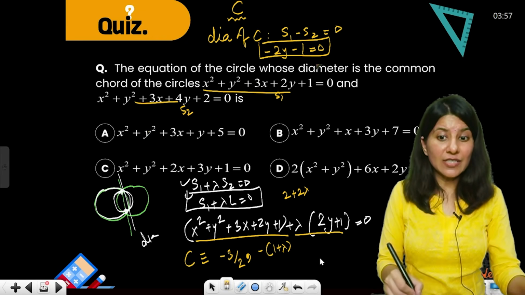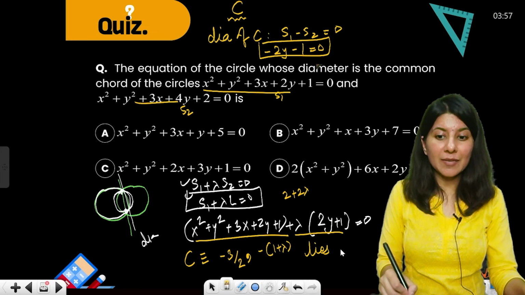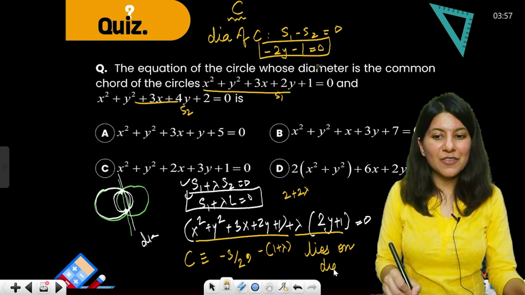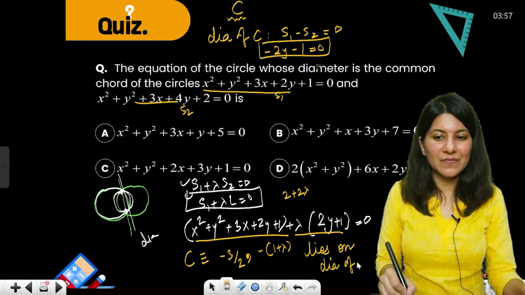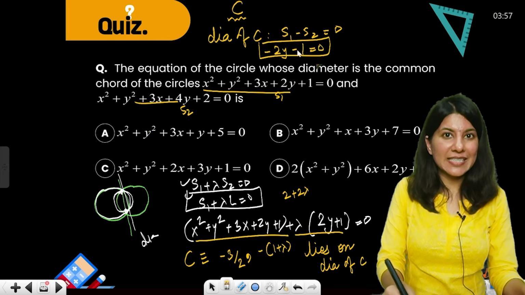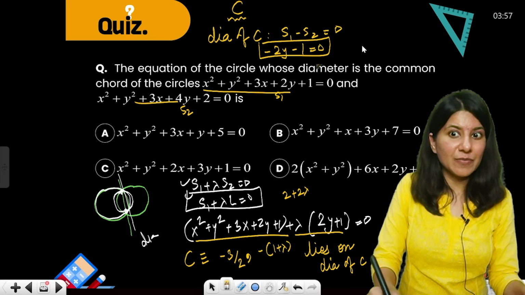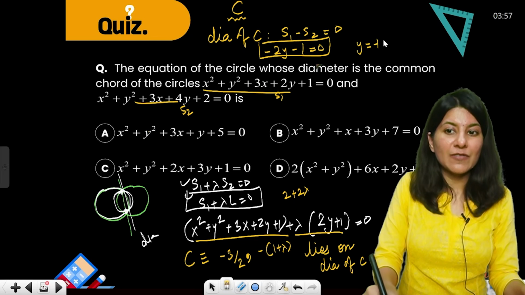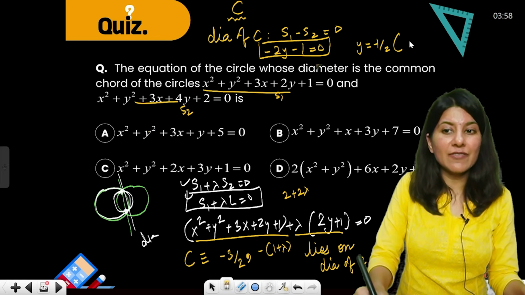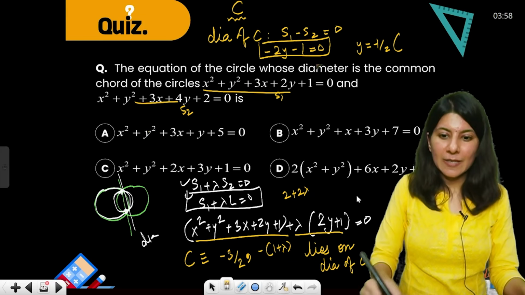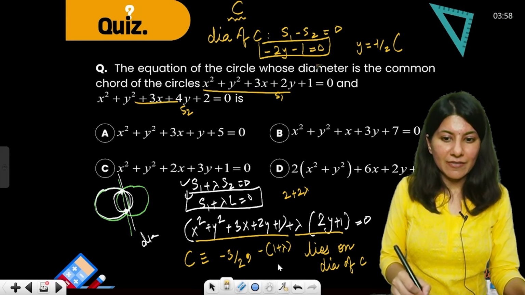Now the center of the circle lies on the diameter of the circle. The diameter's y coordinate is minus half, so the y coordinate of the center should be minus half.